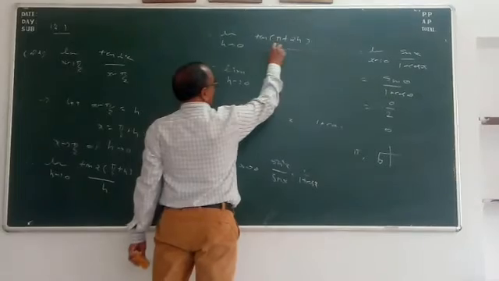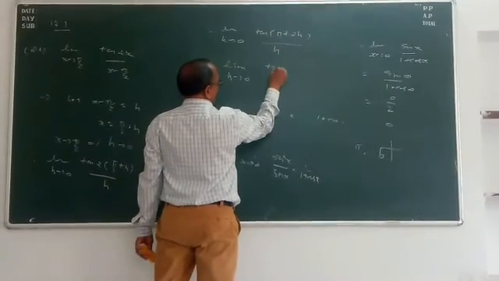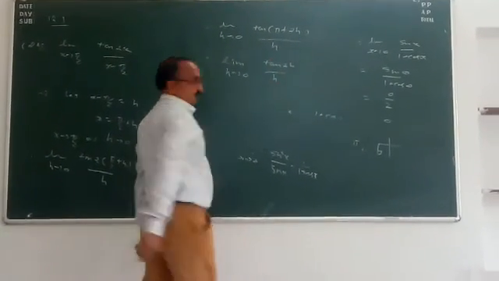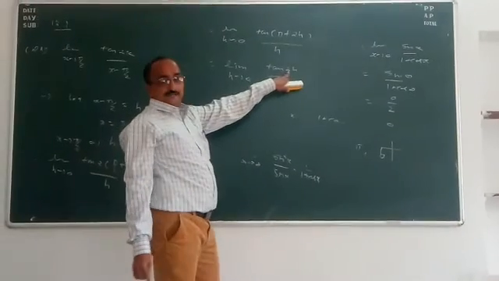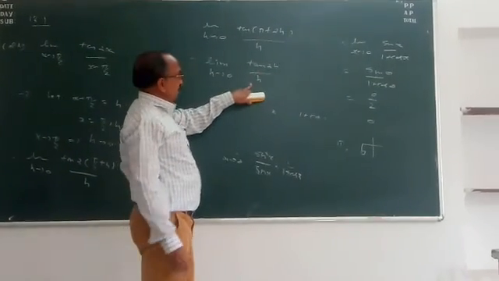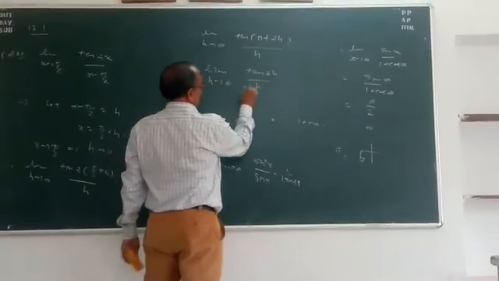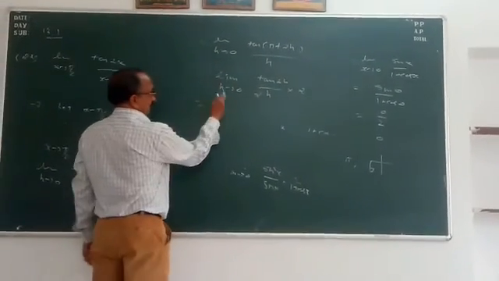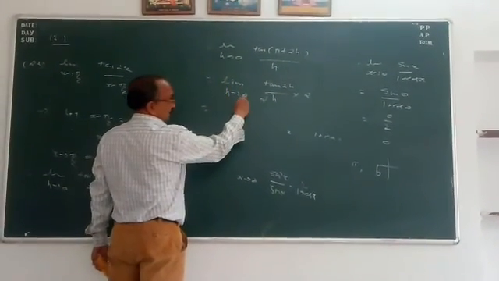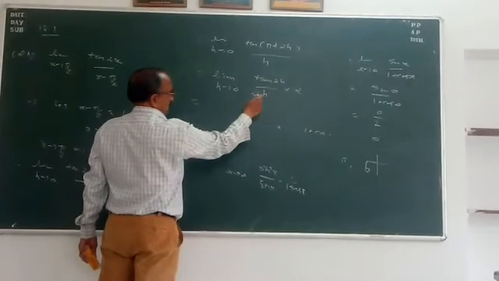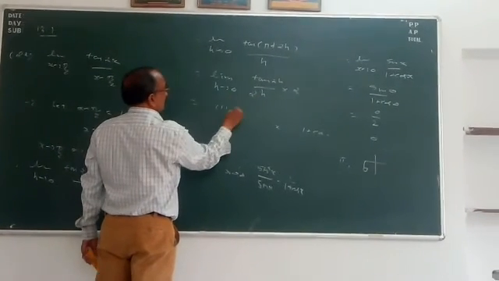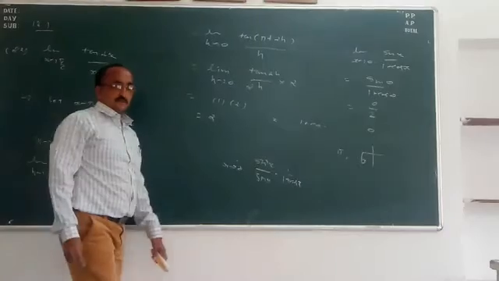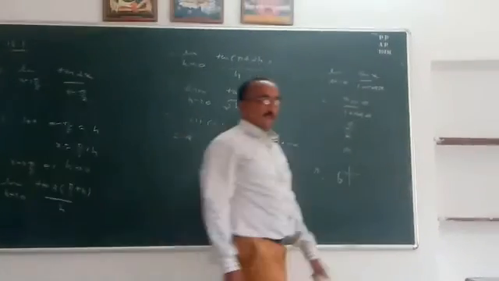So tan pi plus 2h remains the same, tan 2h, and has a positive sign, upon h. Now here we have the term 2h, so dividing by 2 and multiplying by 2. So 2 here multiplied by 2. Now after limit h tends to 0, tan 2h upon 2h becomes 1 into 2. So the limit of this term is equal to 2. Yeah, right.